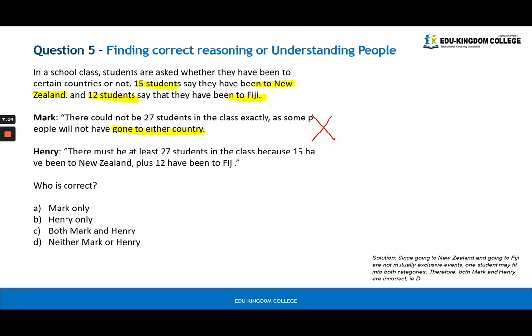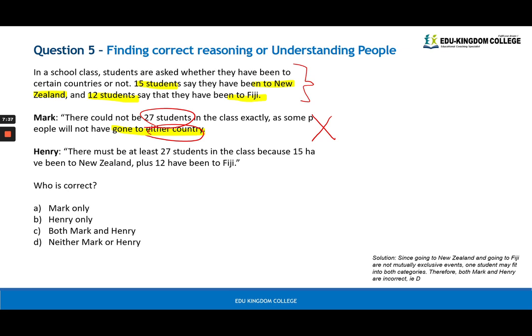Because there is no given information about people who have gone to neither country. There could definitely have been 27 students if exactly 15 went to New Zealand and exactly 12 went to Fiji, just like that, a clear split. So Mark is incorrect. There could be 27.